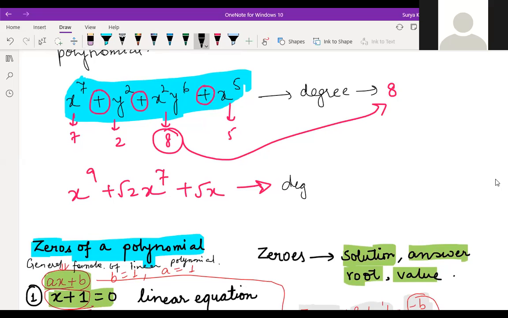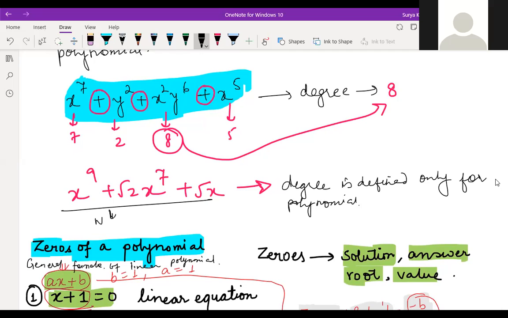Degree is defined only for a polynomial. So this one is not a polynomial. So the degree is what? Not defined.